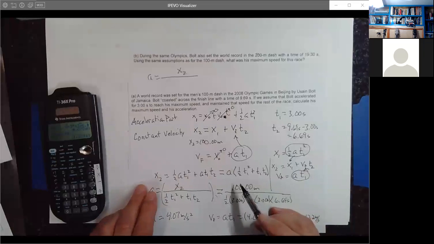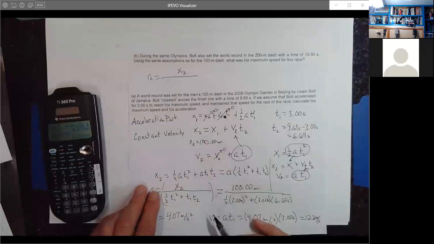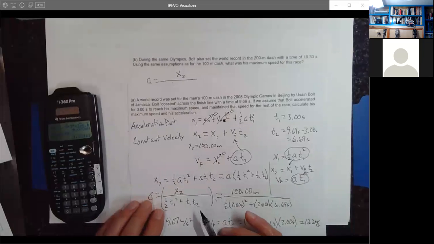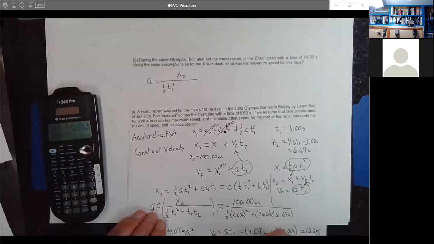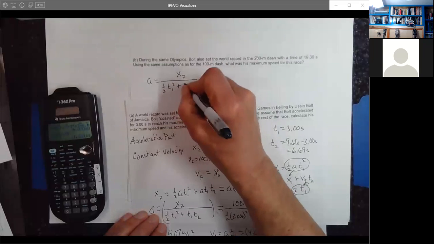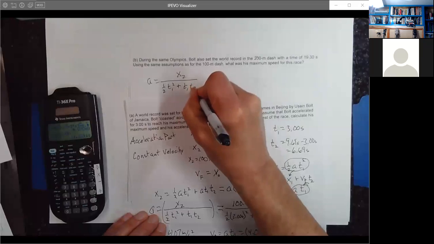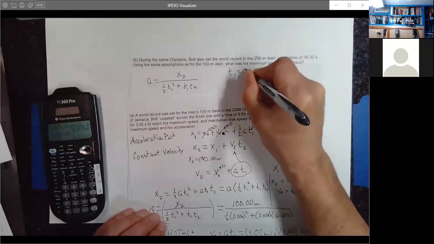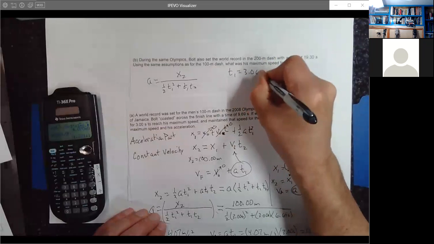For one thing, it's less work to write a variable than it is a number with its units and the correct number of significant figures. But it also lets you sometimes reuse the formula. And that's what I'm doing here. And T1 is again going to equal 3.00 seconds.